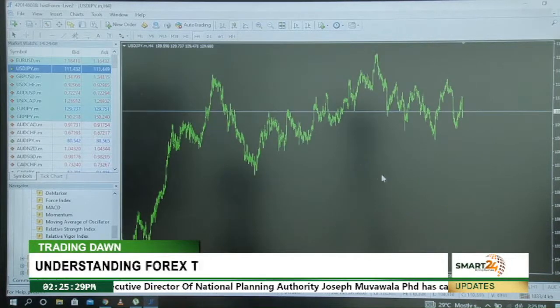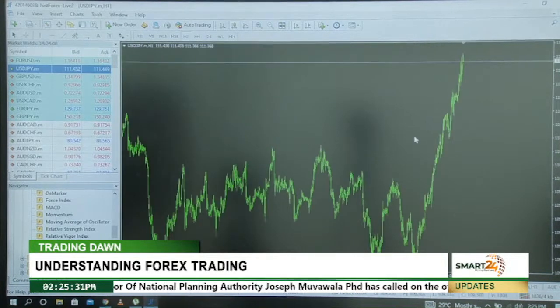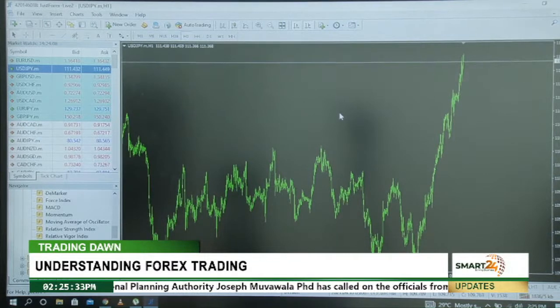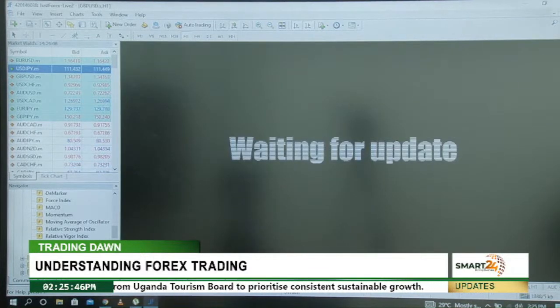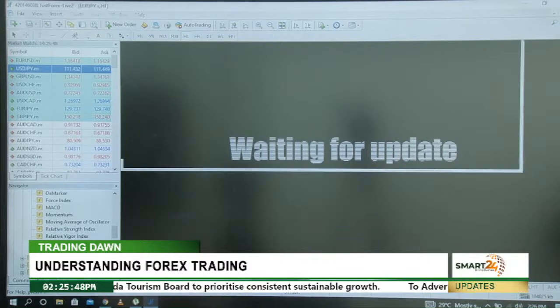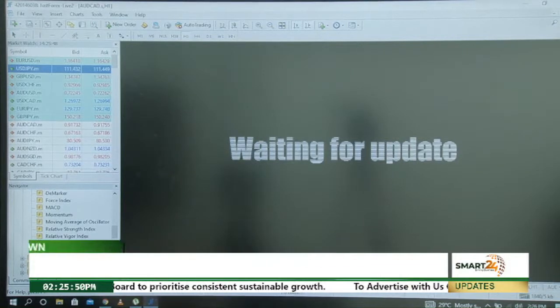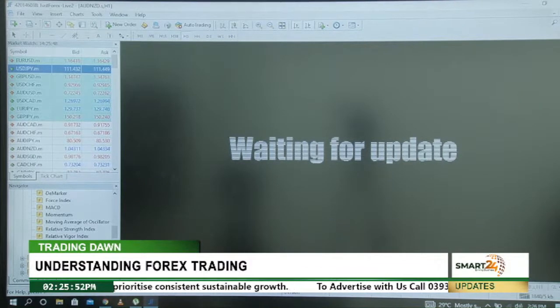Let's see how other charts are moving on. This is a USD JPY. Okay, my charts are taking some time to load. Let's see the charts that are already open. I guess all these were from another broker or something like that, because they're still waiting for an update.